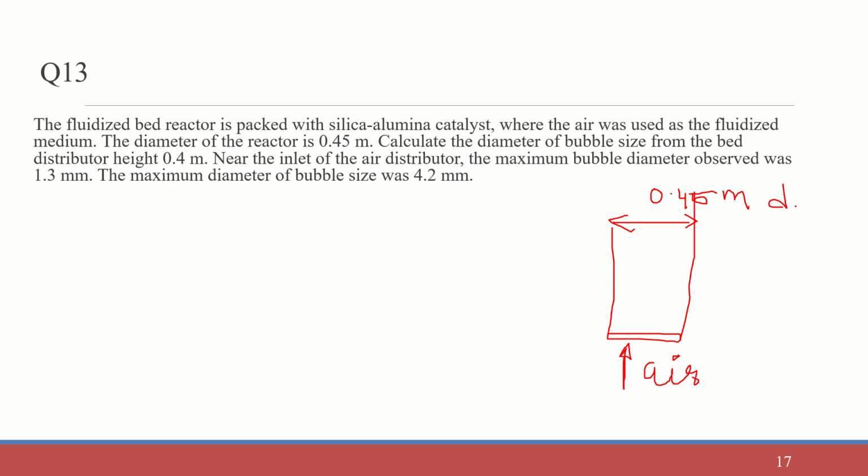This is the D bed. Calculate the diameter of the bubble from the bed distributor at a height of 0.4 meter. So let us assume the height is 0.4 meter. At this particular height, what is the diameter of the bubble?